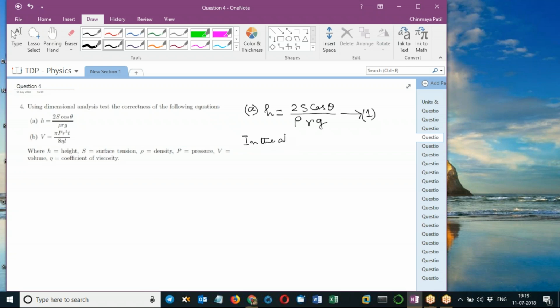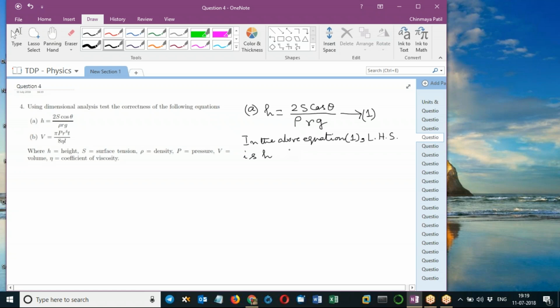In the above equation 1, LHS is h. What is h? h is the height.